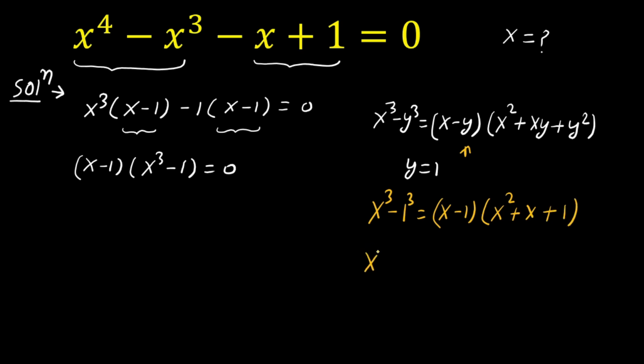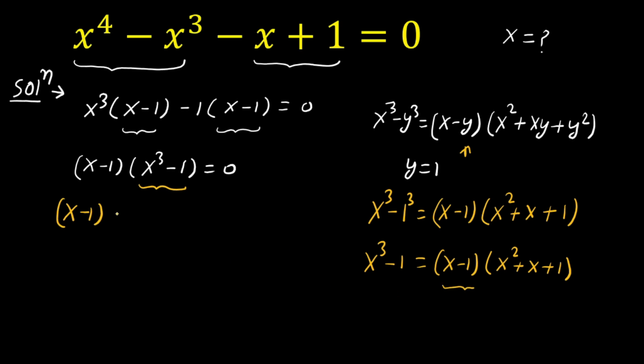So x^3 - 1^3, that is 1, is equal to (x - 1) multiplied by (x^2 + x + 1). Here the value of x^3 - 1 is (x - 1) multiplied by (x^2 + x + 1), and this is equal to 0.